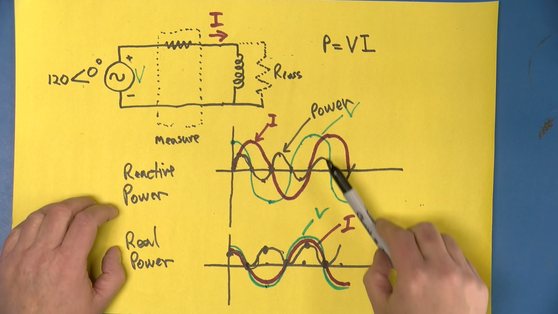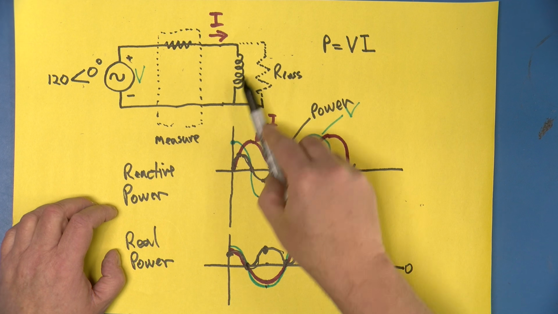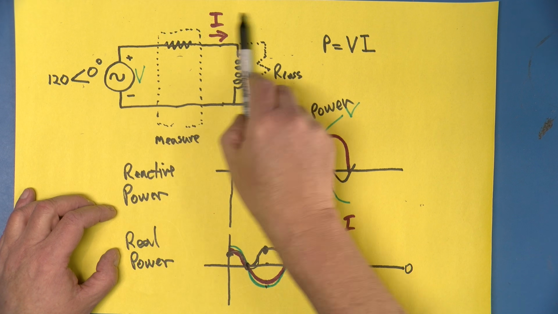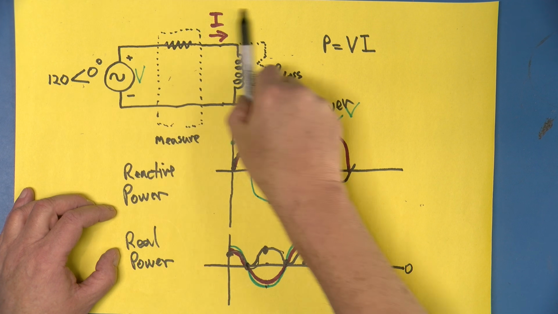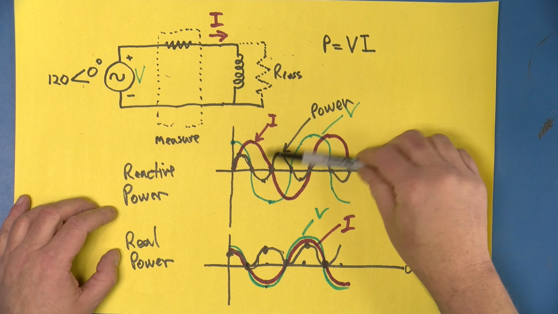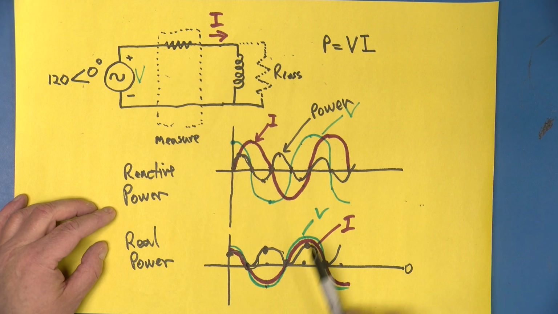So for a reactive device like an inductor, we have the current going back and forth and carrying the power back and forth. So there is no net power flow. We call that reactive power. Real power is when the voltage and the current are in phase. You'd get that from something like a resistor.